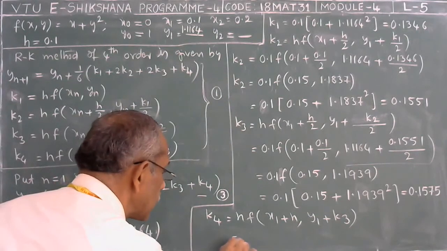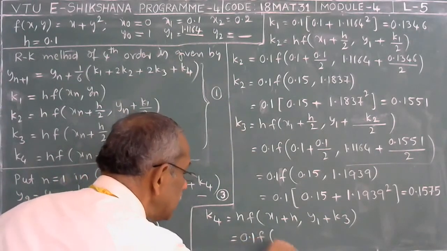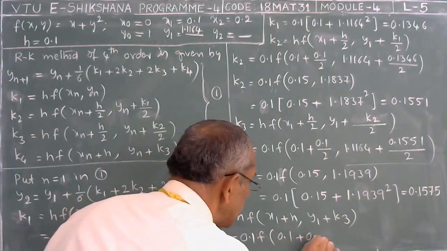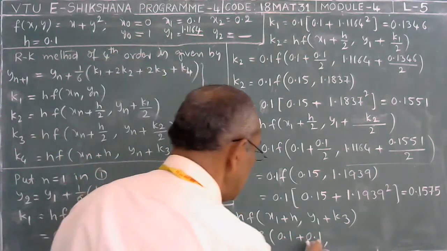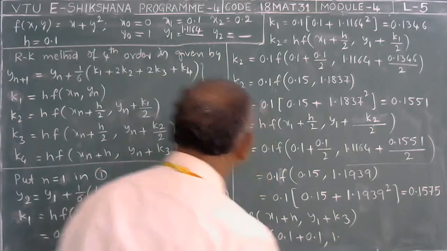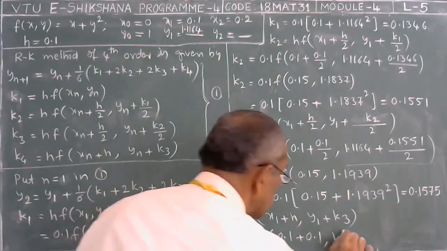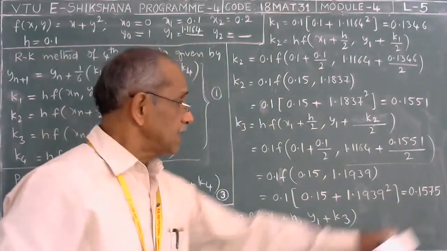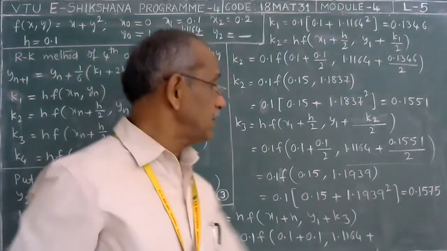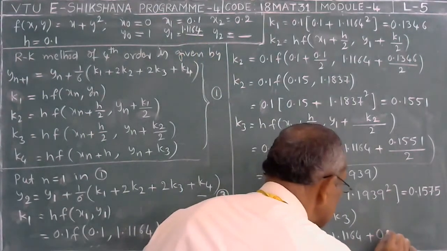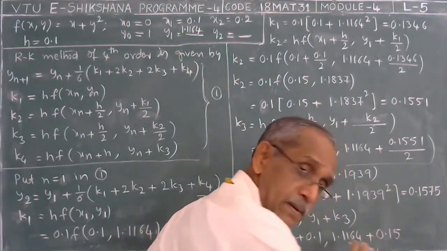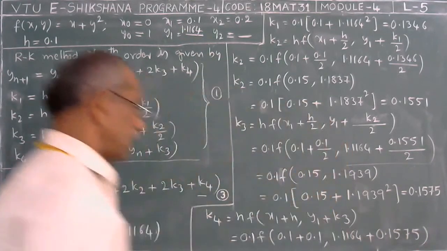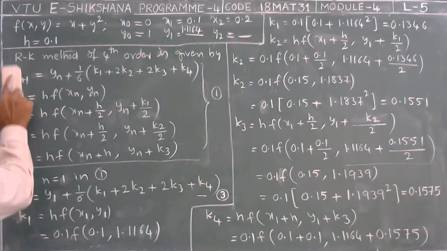Okay, this is equal to 0.1 into f of x1, which is 0.1, plus 0.1, comma, y1, which is 1.1164, plus K3, which is 0.1575.